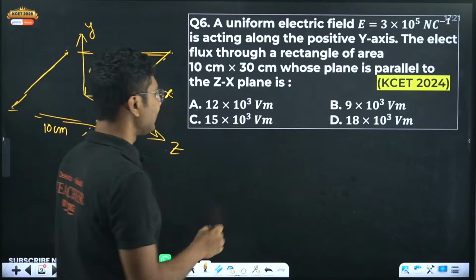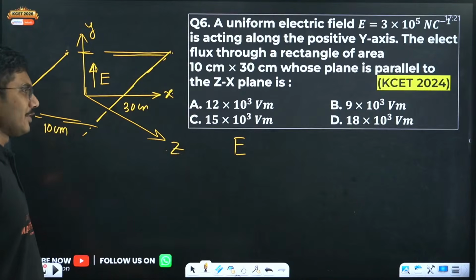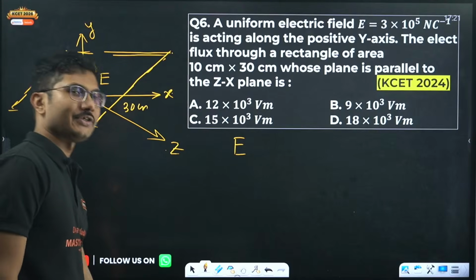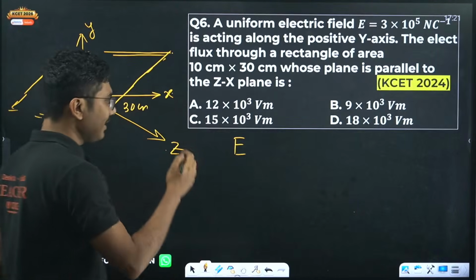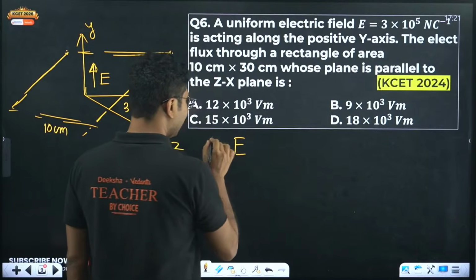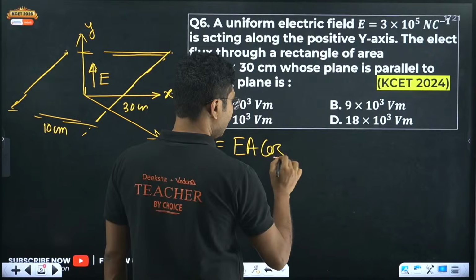So what is the electric flux? This is the first question where we actually need to do some calculation. Electric flux is given by E into A cos theta.